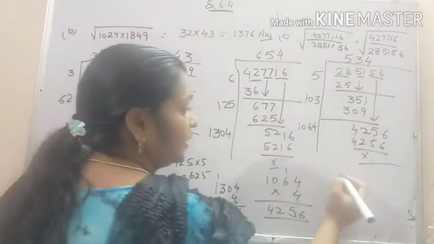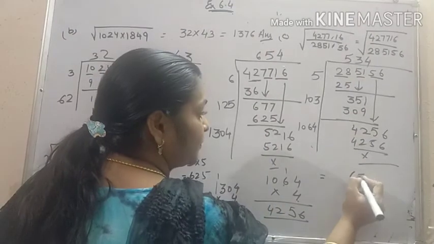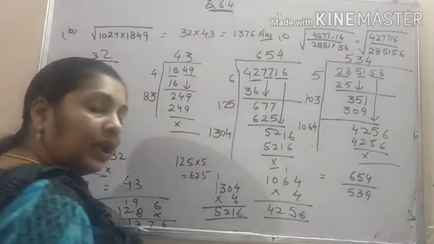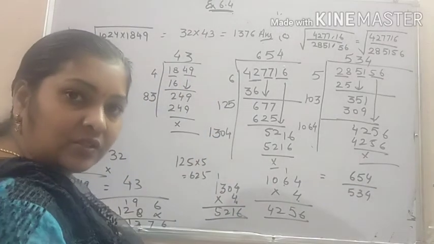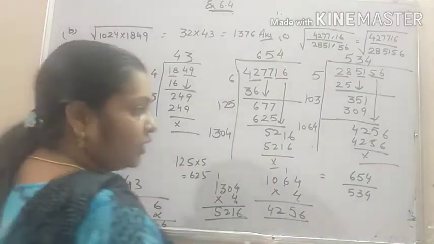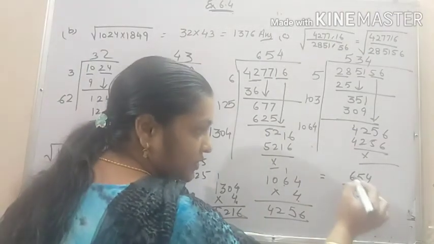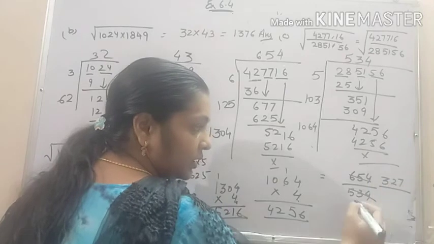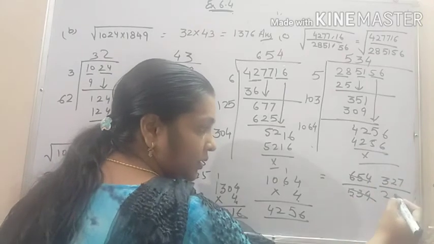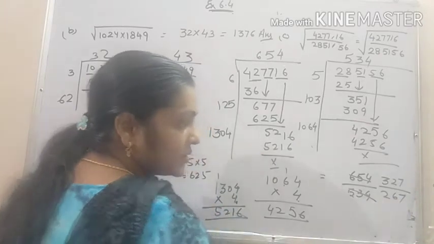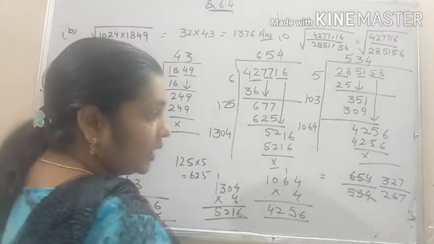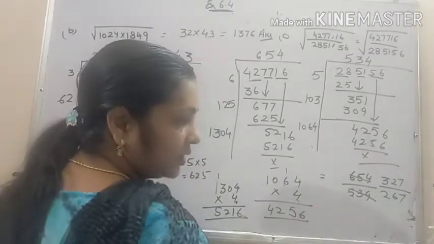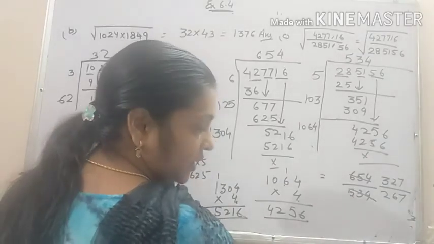So solving it, it will be equal to 654 upon 534. Now you can see that this fraction is not in the lowest term and we need to solve it in the lowest term. Cancel it by 2. 3 2 7 and it will come 267. Okay, now check whether it is possible to divide it by 3. Yes, it is.